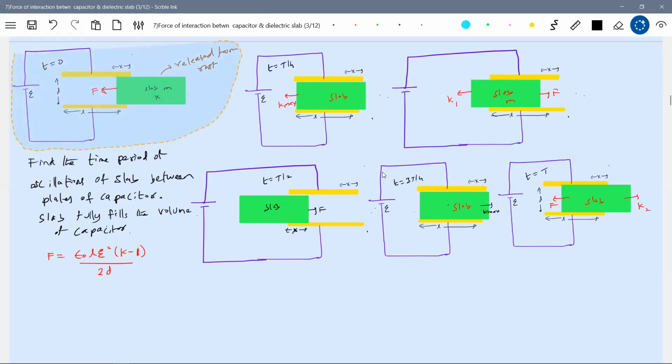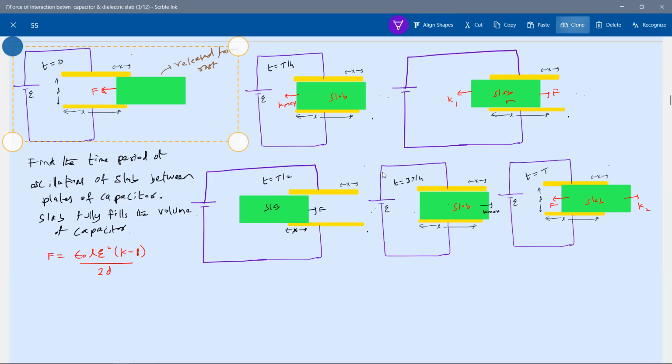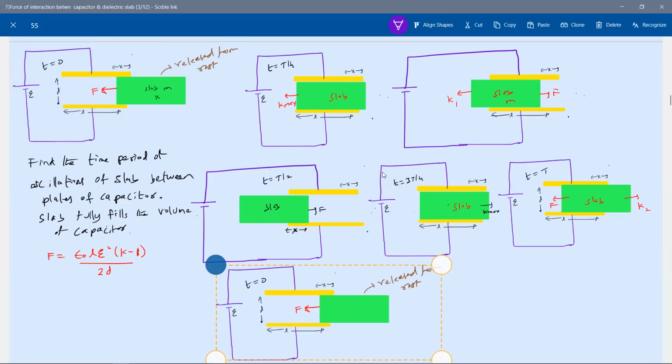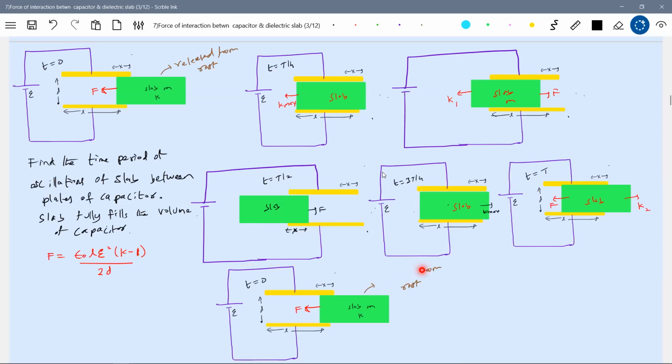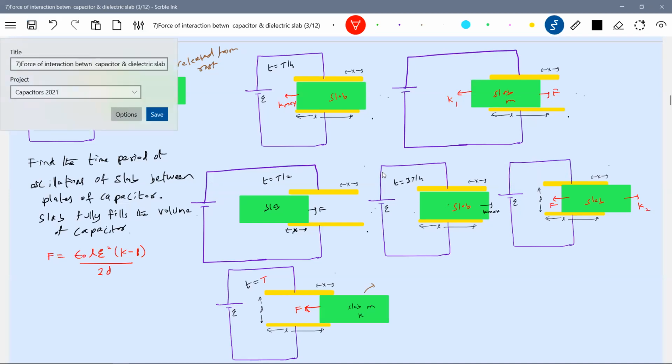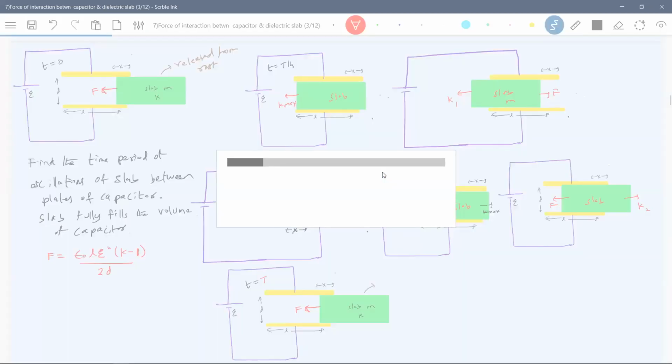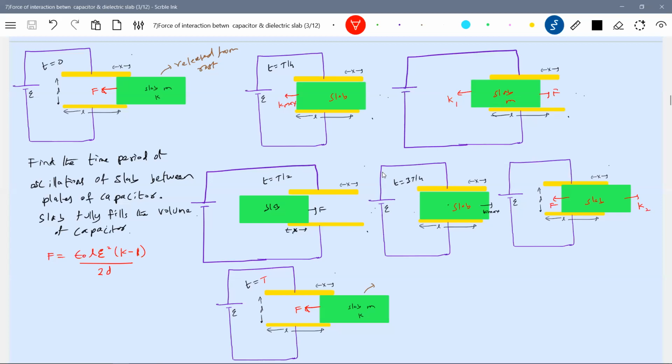Here t equals 0, t equals capital T, and this is some intermediate time. So many questions are here. First the primary question: what about the current?